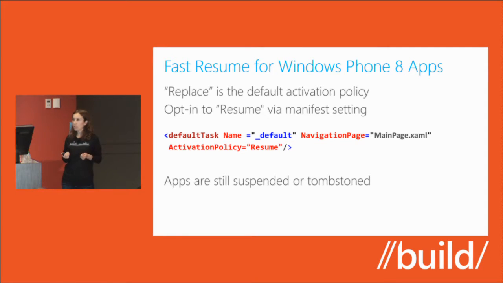But that doesn't mean that the application is not going to be suspended or tombstoned. When the application is tombstoned because it's been a while since you've used it and there were other applications in the foreground that needed the memory, when the user taps on the app tile, the application is going to resume the user experience, but that will be slightly slower because we have to start fresh with a new instance of the application process.